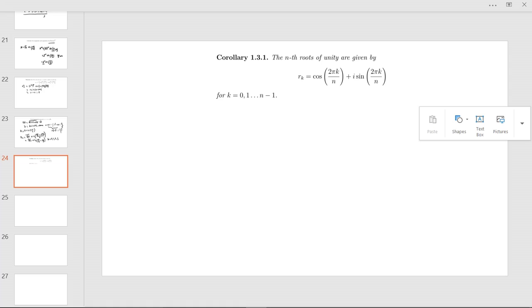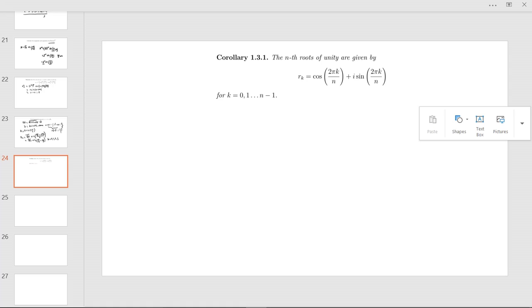One can observe that the nth roots all lie on the unit circle and are equally spaced due to the sequence 2 pi k over n being an arithmetic sequence. Moreover, by connecting adjacent roots on the circle, we get a regular n-gon inscribed in the unit circle.